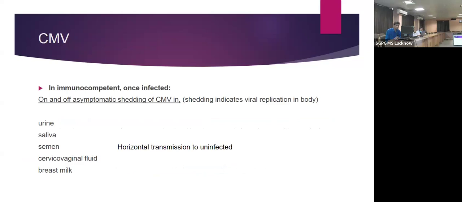In the immunocompetent, once infected, there may be on and off asymptomatic shedding of CMV, but usually it is asymptomatic. On and off, the virus may get activated and start replicating, but automatically it goes dormant again.